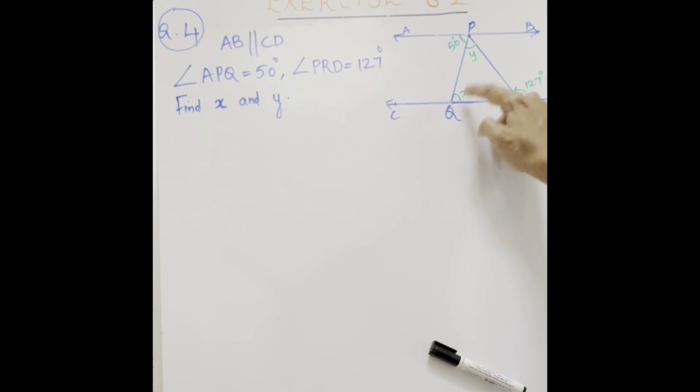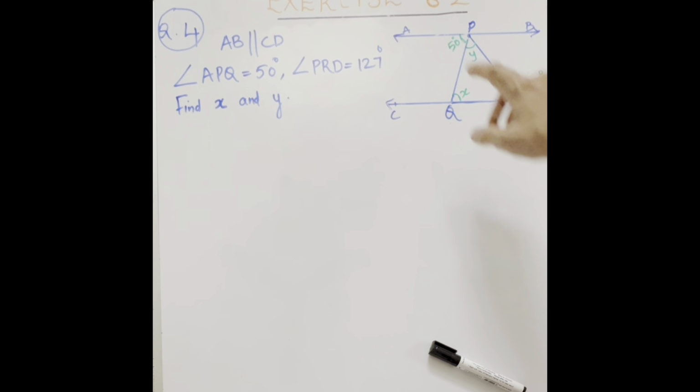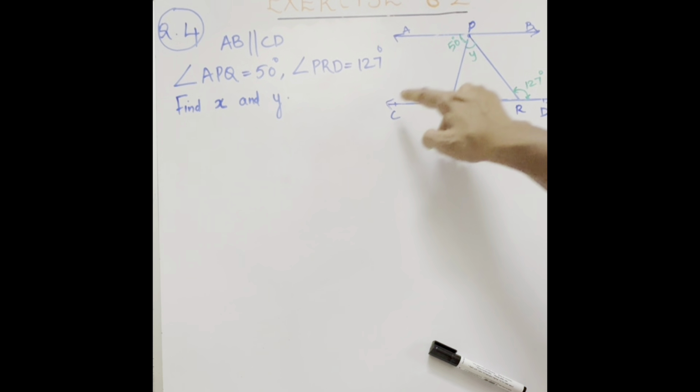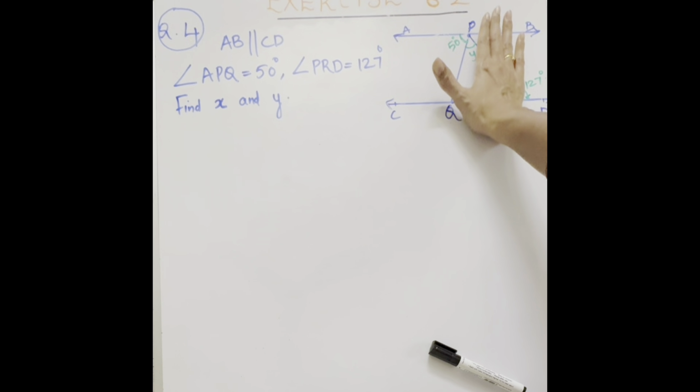We have to find angle x and y. How do you find them? You see, we consider lines AB and CD first, and then the transversal PQ. AB parallel to CD cut by the transversal PQ.